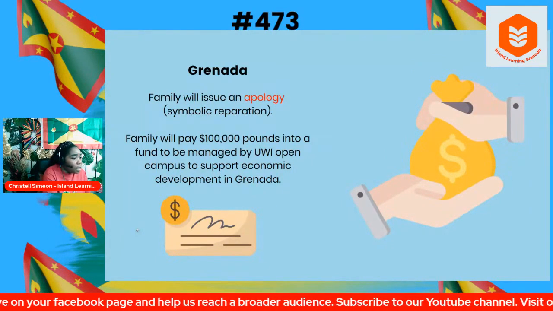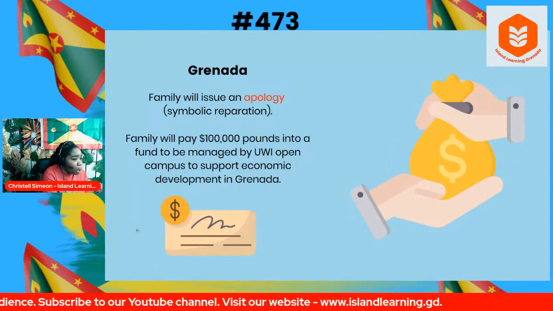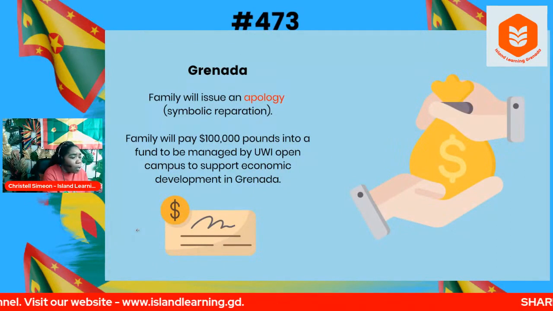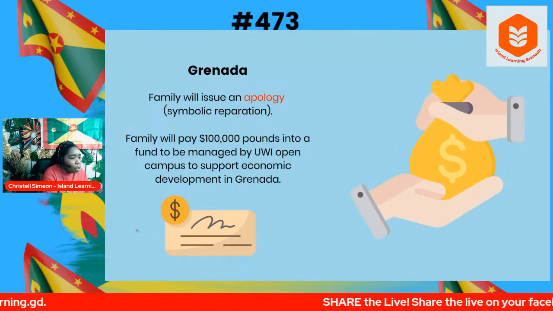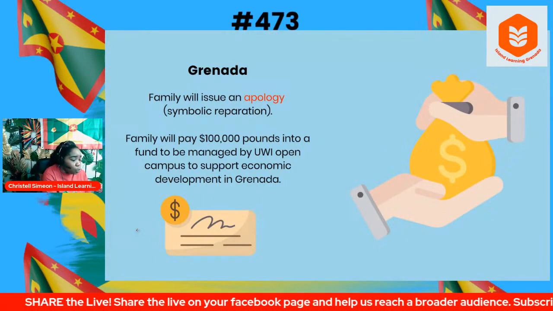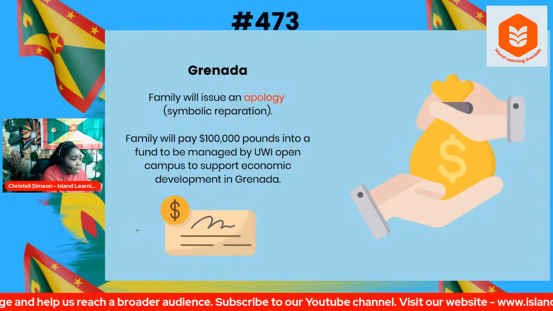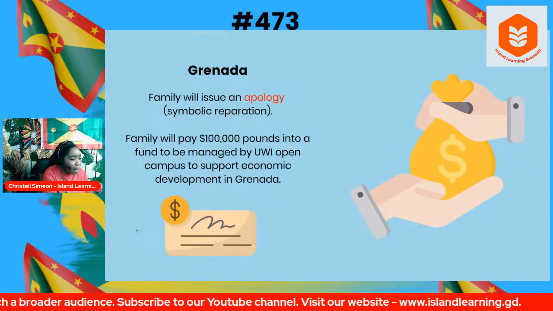Which would be the second form of reparation or restorative justice: the payment of £100,000, which is just under 400,000 EC dollars or 120,000 US dollars, would be paid to Grenada, and the money would be placed in a fund to be managed by the UWI Open Campus.